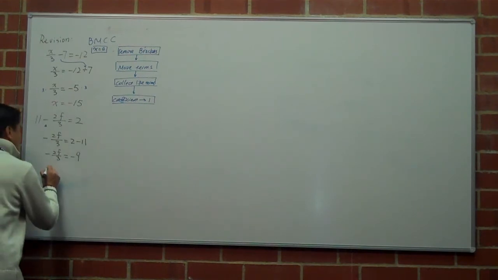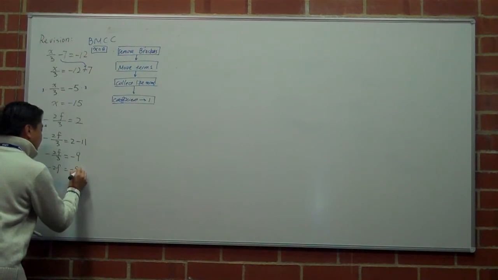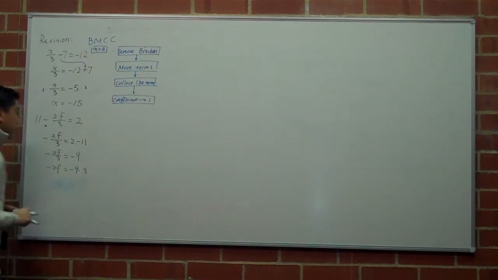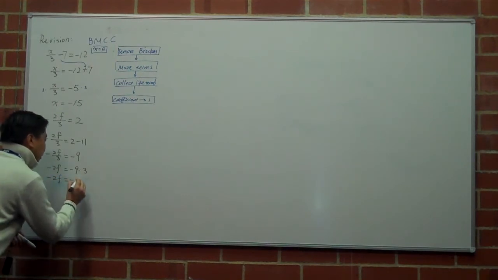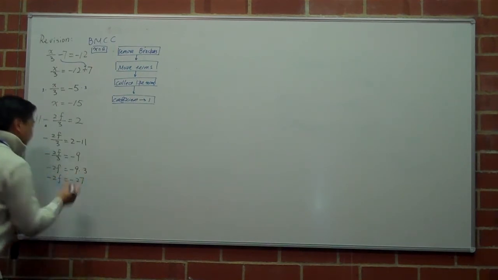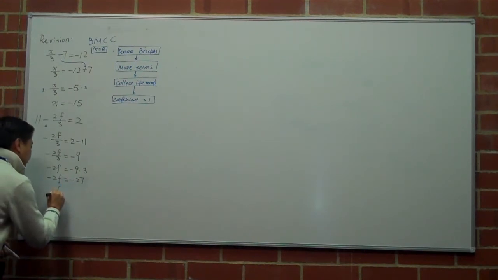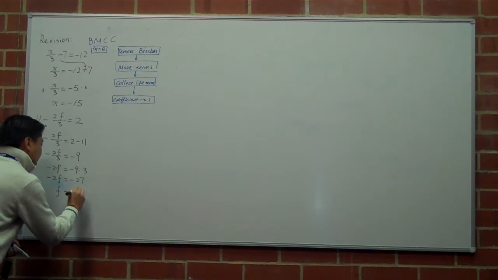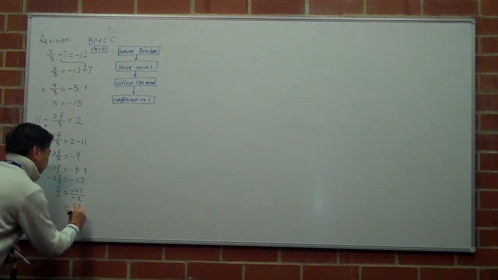So, that will be negative 2f equals negative 9 times 3 on both sides. So, we have negative 2f equals negative 27. And then we divide by negative 2. So f equals negative 27 divided by negative 2. So the answer is 27 over 2.